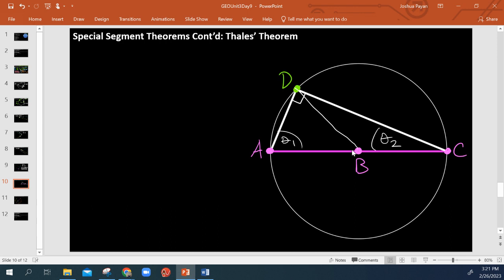But another cool thing, and you can't tell by looking at this circle, is that this obtuse triangle formed, BCD we'll call it, is always isosceles. Okay, so that means this angle and this angle will be the same.